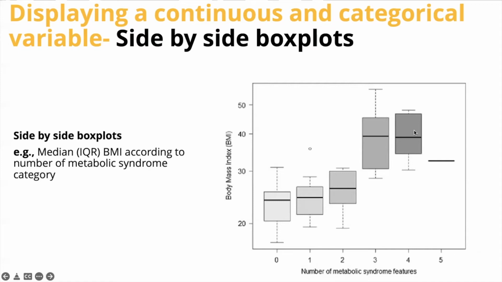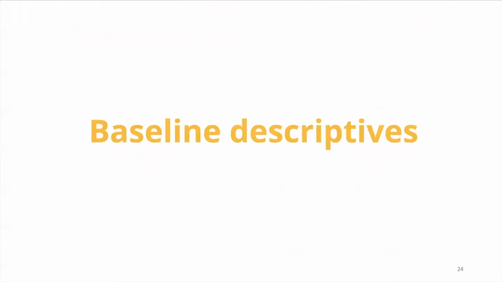So for example, we can really easily see here visually that those with three or four metabolic syndrome features tend to have a higher median body mass index compared to those in the 0 to 2 category. And this is just a straight line here because I don't think there are very many people in this category here. So that's a side-by-side box plot.